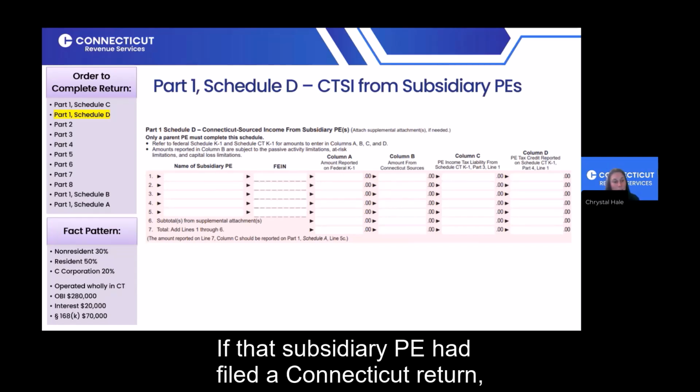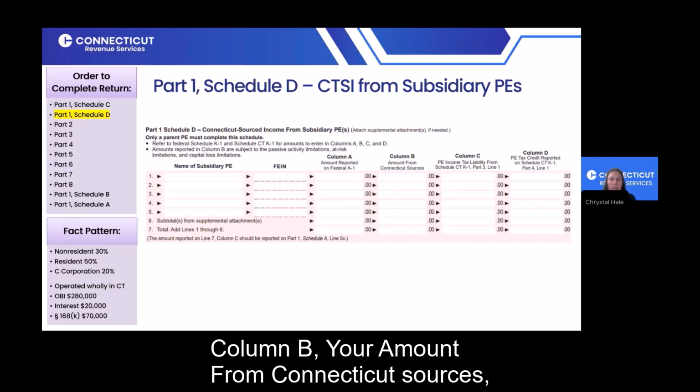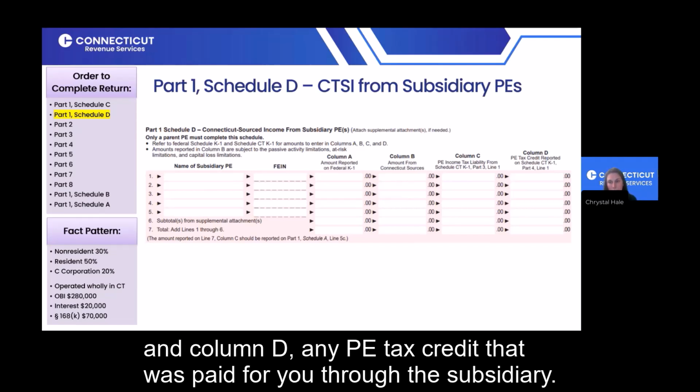If that subsidiary PE had filed a Connecticut return, you should have received a Schedule CTK1, where you would complete columns B, your amount from Connecticut sources, column C, any composite tax liability that was paid on your behalf, and column D, any PE tax credit that was paid for you through the subsidiary.